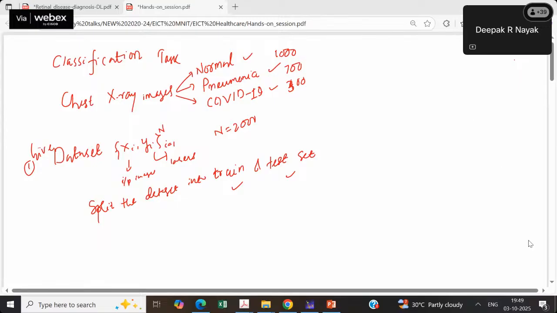Do you have any idea how to split the data set into train and test? You can write your answer in the chat box.